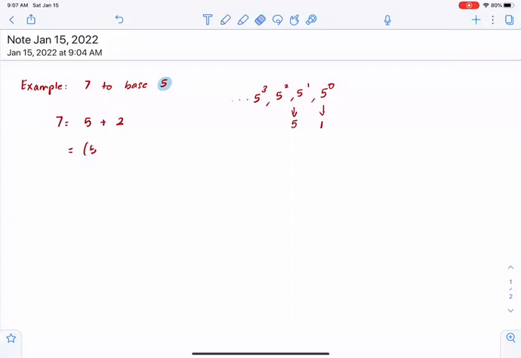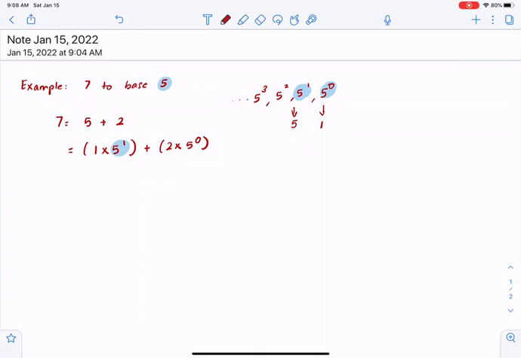So 1 multiplied by 5 raised 1, because we're dealing with base 5, plus 2 multiplied by 5 raised 0. I'm using those two because I can't go past 5. The number is 7, so I have to stop at 5.